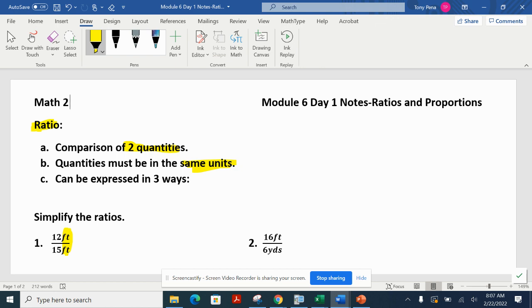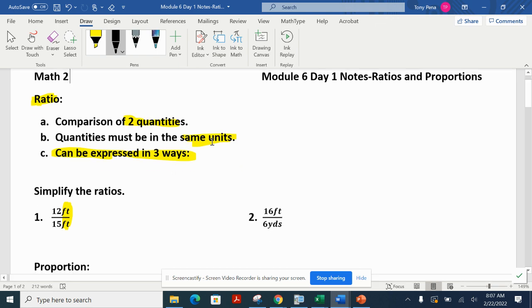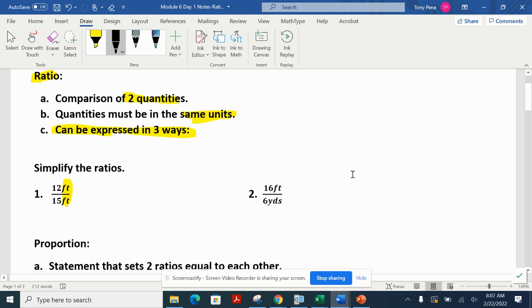And the big thing here is ratios can be expressed in three different ways. The most obvious way, you can see it here in numbers 1 and 2, are with a fraction. So one of the ways you're going to write down a ratio is just a fraction.